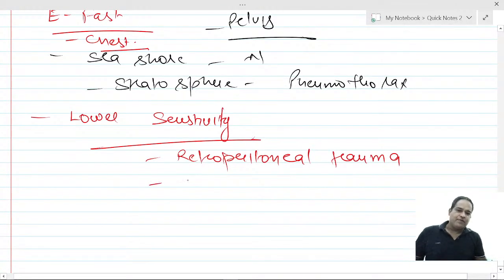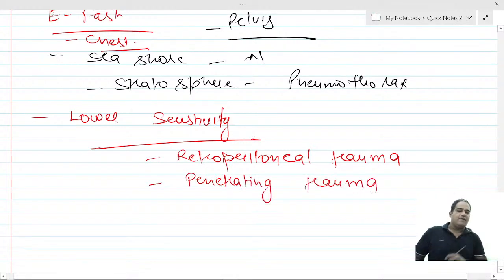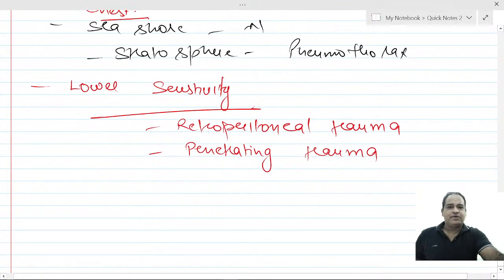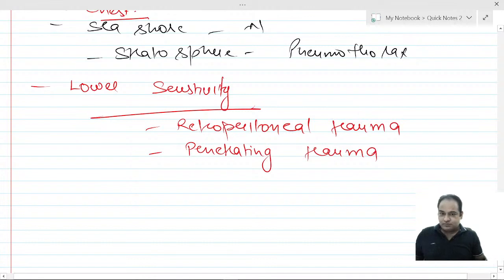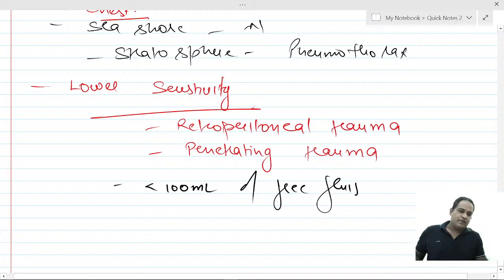Lower sensitivity for penetrating trauma. And lower sensitivity if there is less than 100 ml of free fluid.